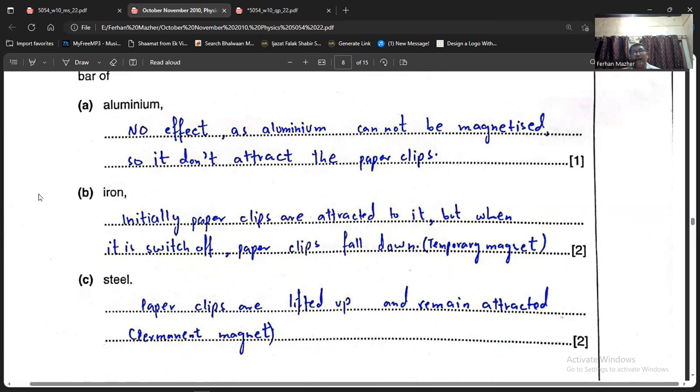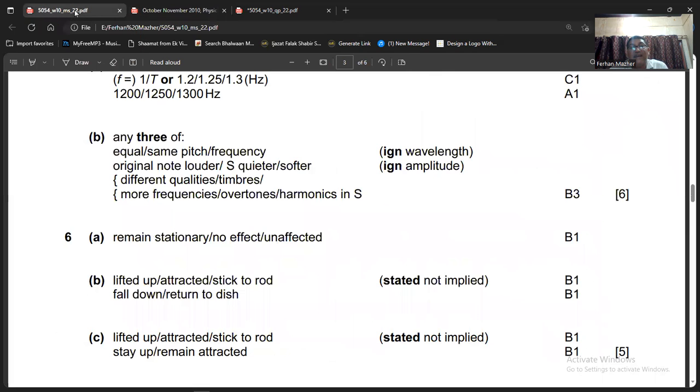Steel: paper clips are lifted up and remain attracted even after switching off the current, because steel is a hard magnetic material, and once magnetized, it retains its magnetic properties for a very long time.